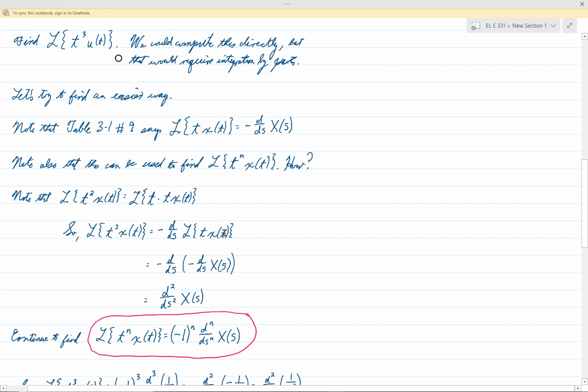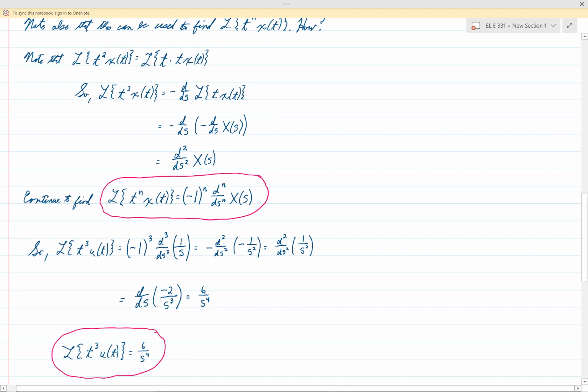Okay, now we come down here and we use this property again. The Laplace transform of t x of t is minus d/ds of the Laplace transform of x, which is X of s. And so the two minuses cancel, and we have d squared/ds squared of X of s. So we could continue this for any positive integer value of n, and each time we would get another derivative and another negative sign.